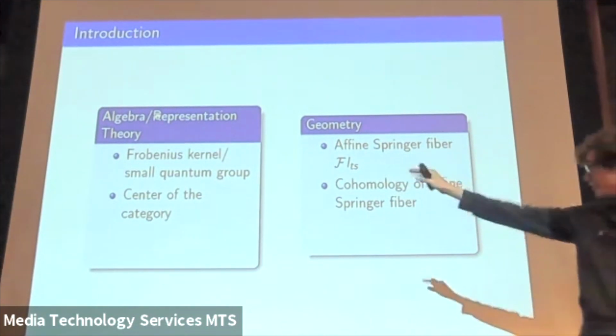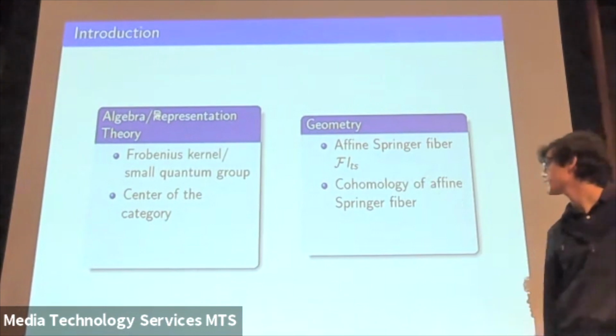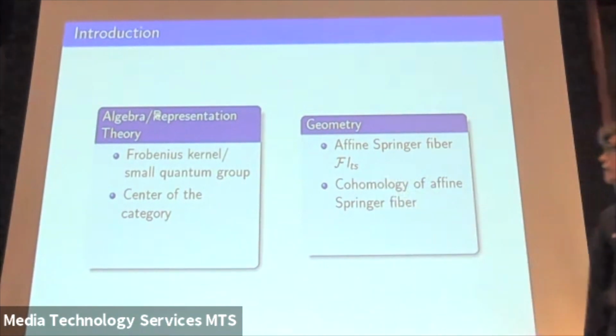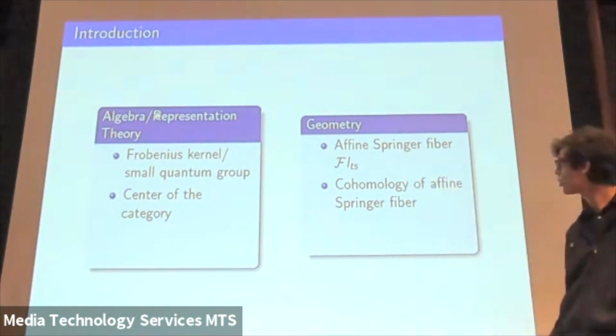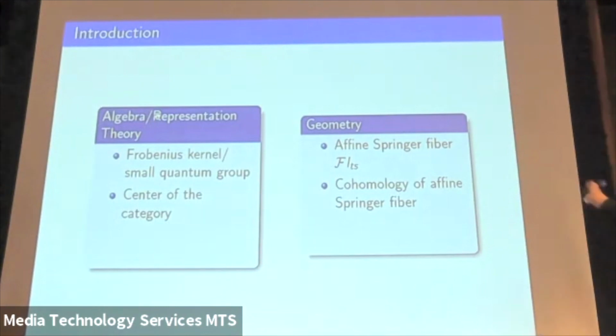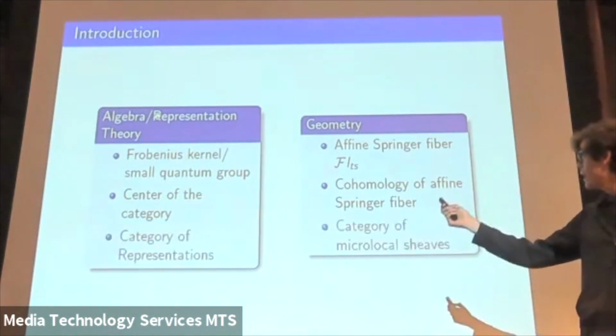In particular, in joint work with Peshkov, Shan, and Basarov, we compute that the center of the category of the Frobenius kernel, or more precisely a small quantum group, is related to the cohomology of this space in a certain way, which I'll explain.